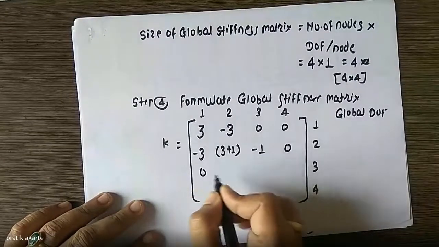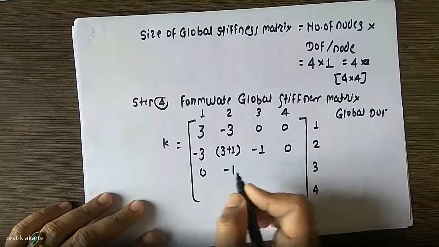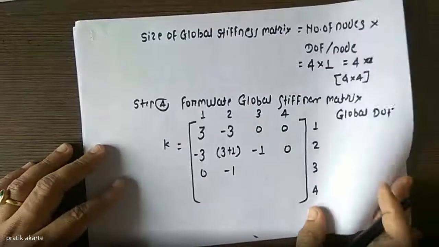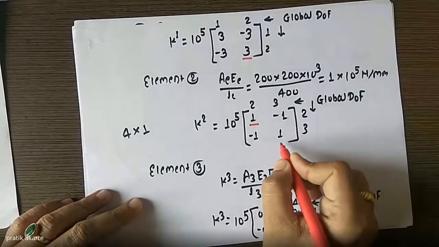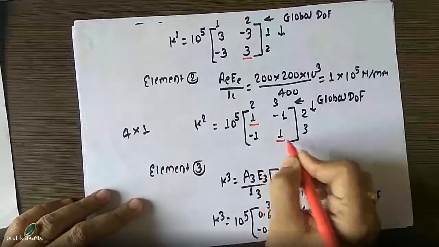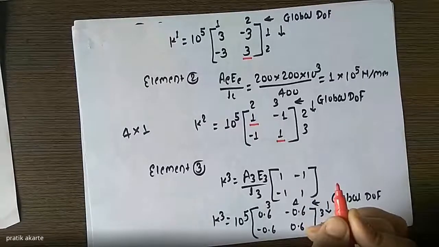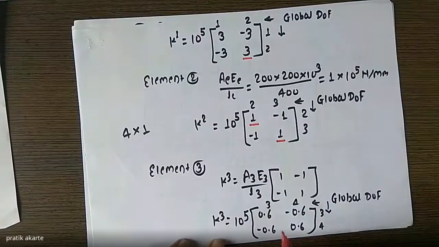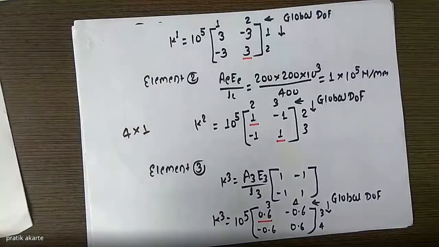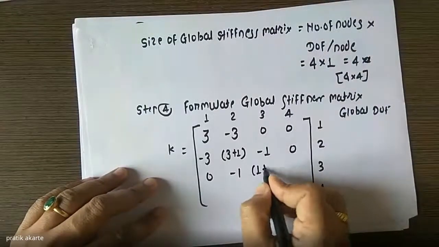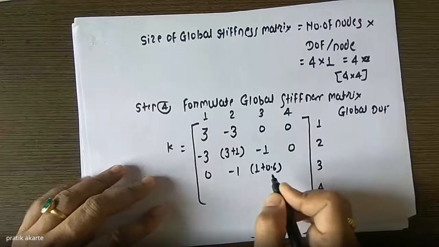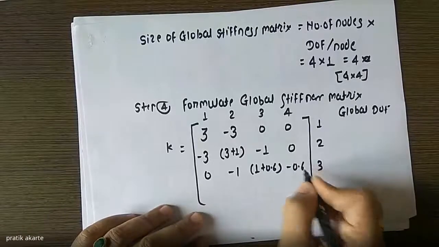Then 0, -1. Then again for 3, 3: third row, third column, I have this element 1, and for 3, 3 I have this 0.6.